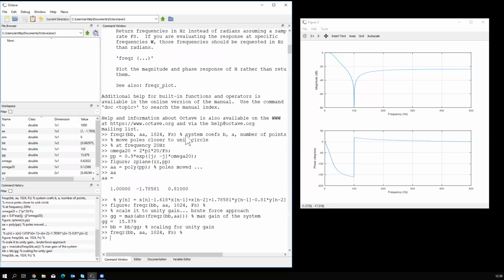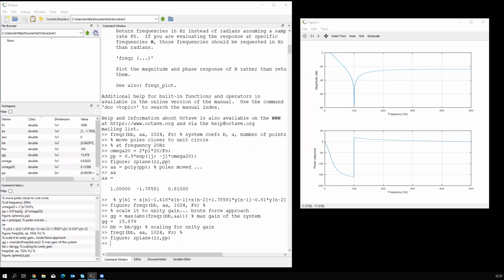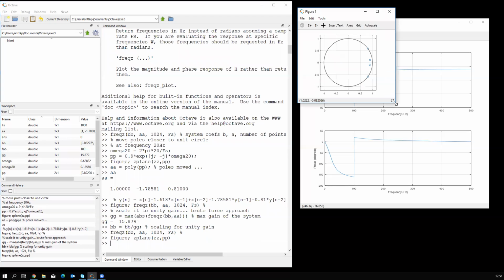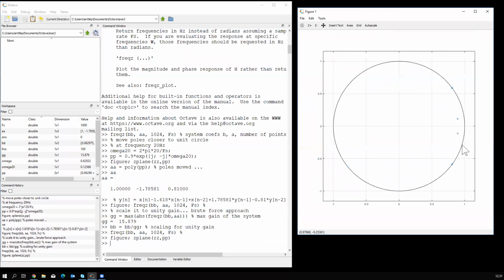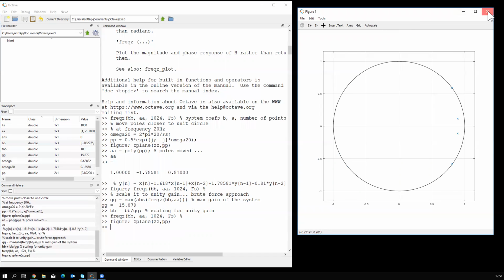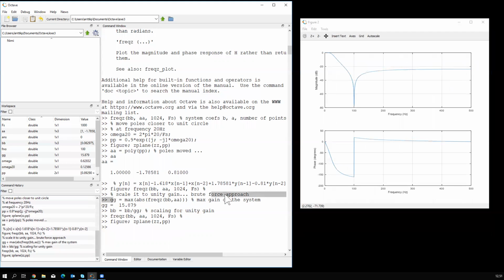Okay, and then calculating the frequency response, adjusting the gain by putting these poles in a different place, closer to the DC component, adding some gain on the DC components, the low frequency components, still having this zero at 100 hertz, and then finally calculating the max gain of the system to normalize it.